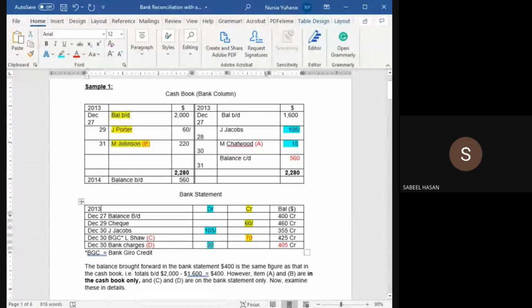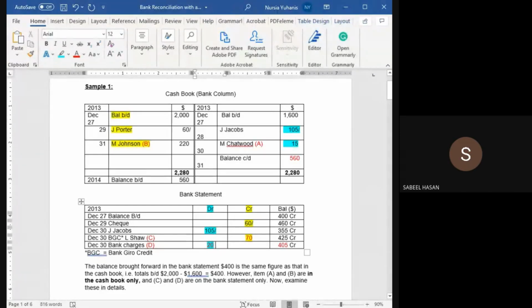Now compare your bank statement. I just put the highlighter there because we still compare the debit and credit. Now your bank statement on the debit side: this one, 105, is available in your cash book account here, 105. Now the second item in your bank statement is $20 bank charges. Is it here?